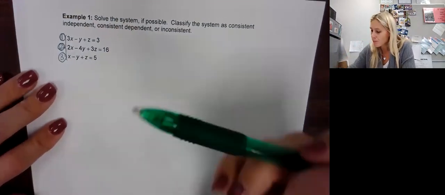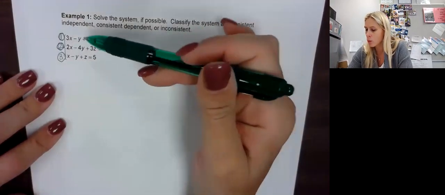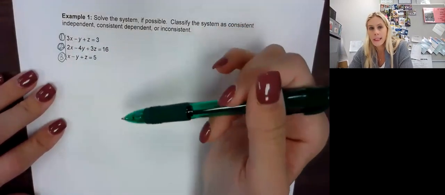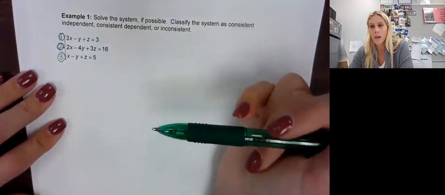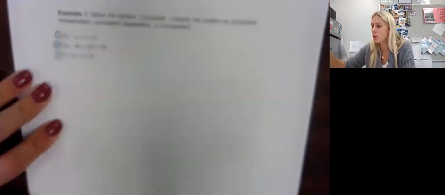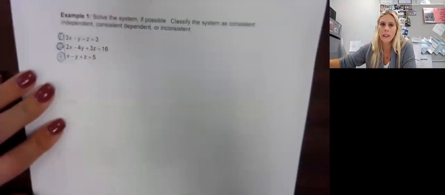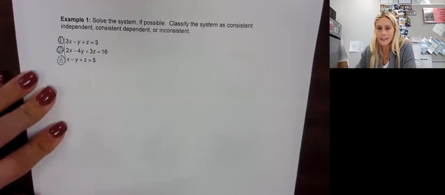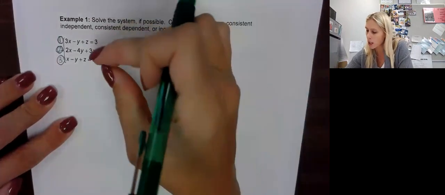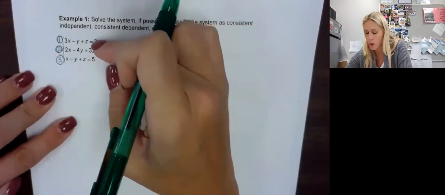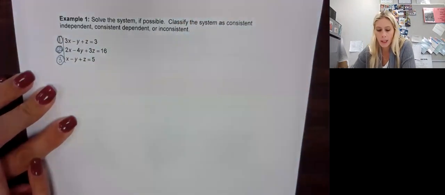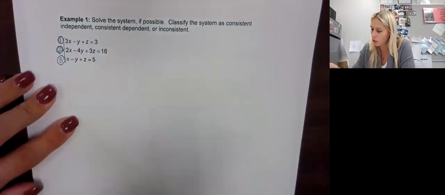Now, if we look at this, which variable seems very easy to eliminate? Sorry for the blurriness here, but it looks like y and z are pretty close when we look at equations 1 and 3. So here's what I'm going to do with 1 and 3.